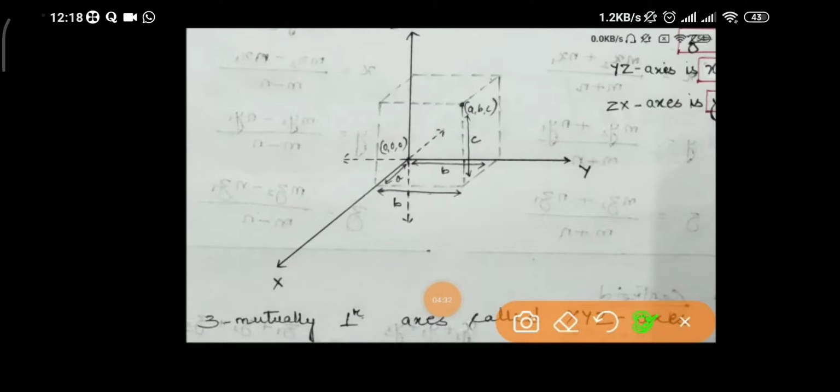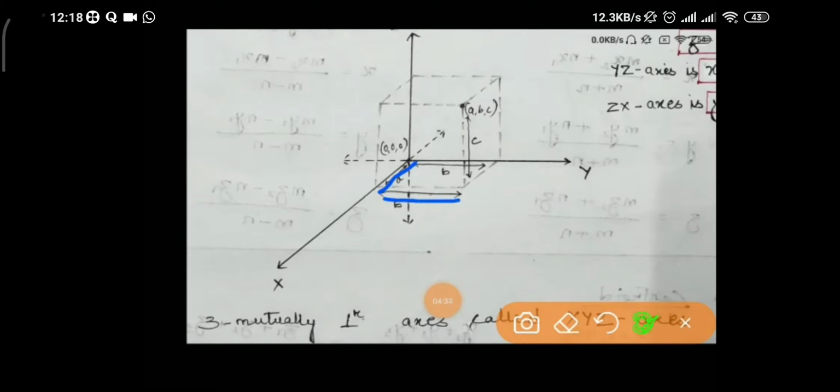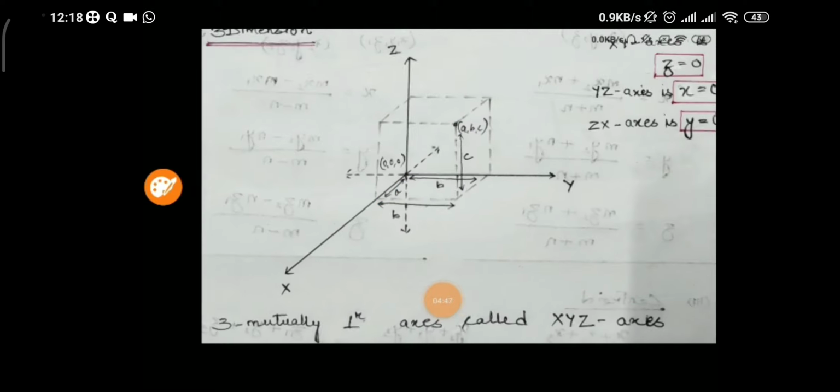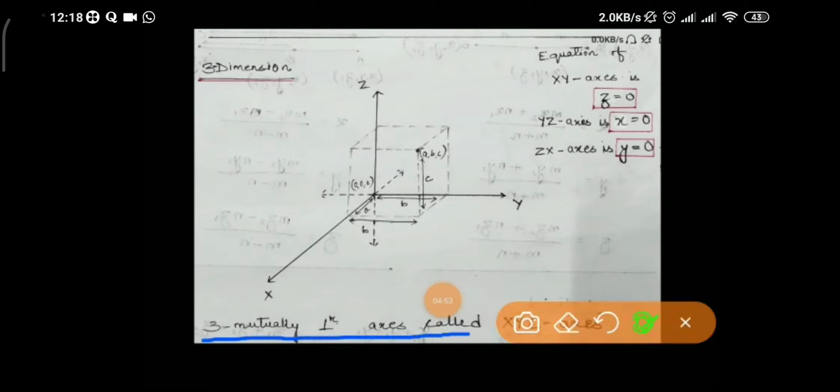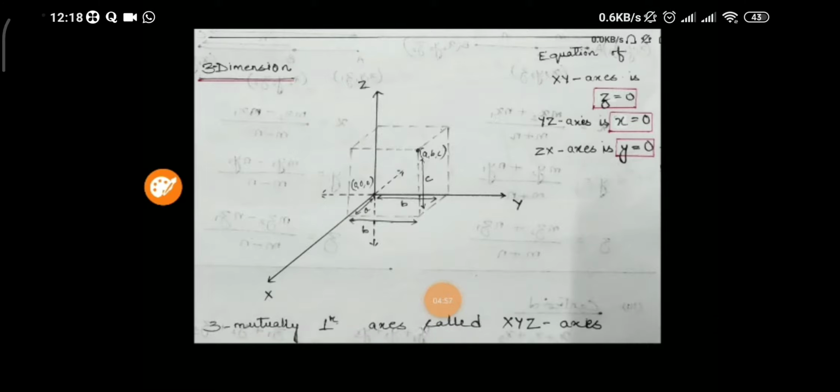First I'll move in this direction, then in this direction, then in this direction to reach this point. So that is how we represent points in 3 dimension. So 3 mutually perpendicular axes are called XYZ axis.